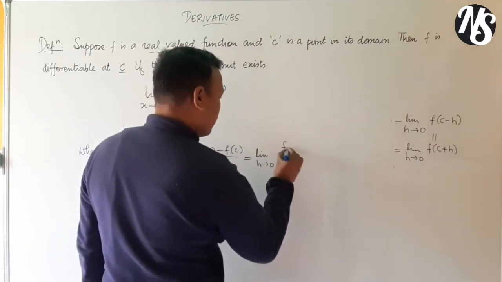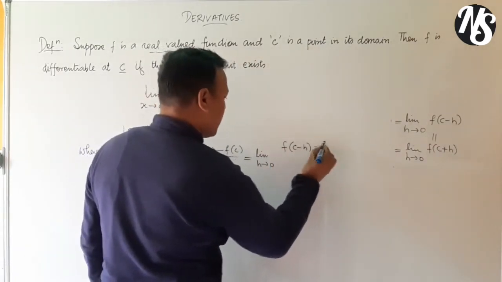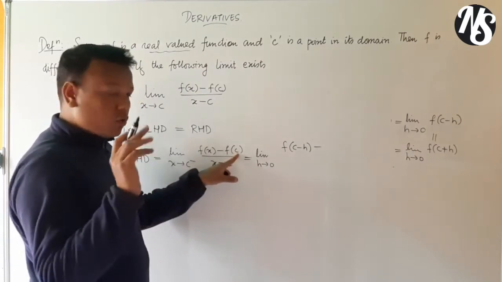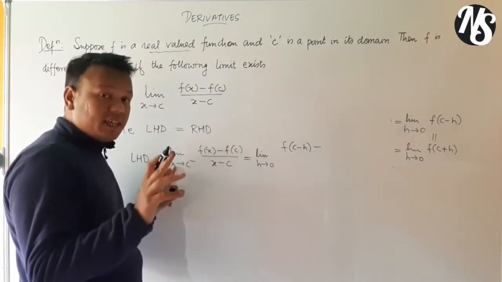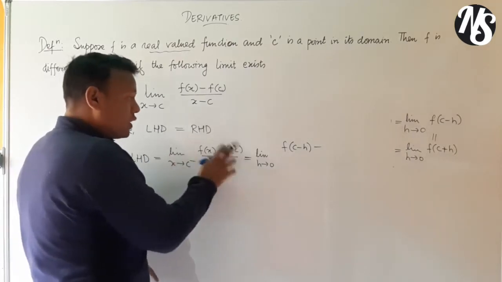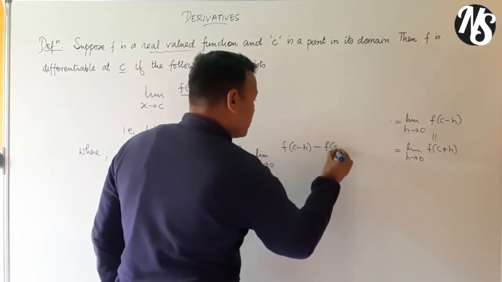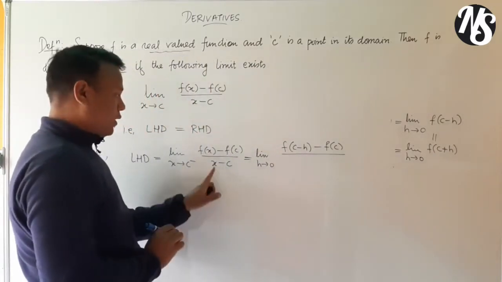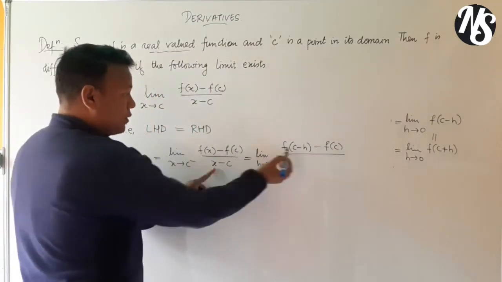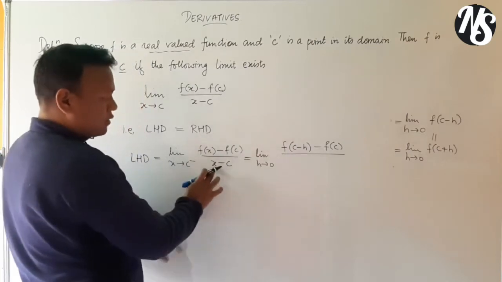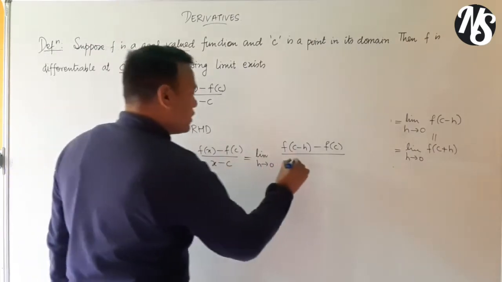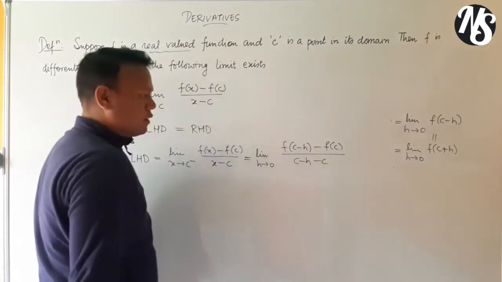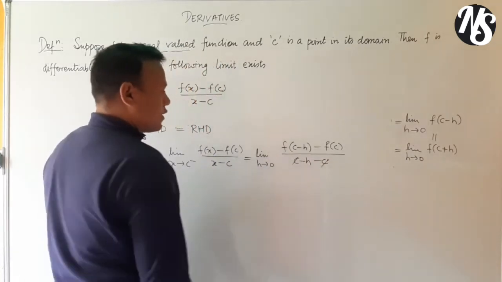So we have f of c minus h minus f(c). Will there be any change in f(c)? No, because we have changed x, not c. So that's why the c will remain as it is. All right. So this is my f(c) divided by, so remember x became c minus h. So this x will also become c minus h, and we already have minus c out here. So you see that this and this get cancelled.